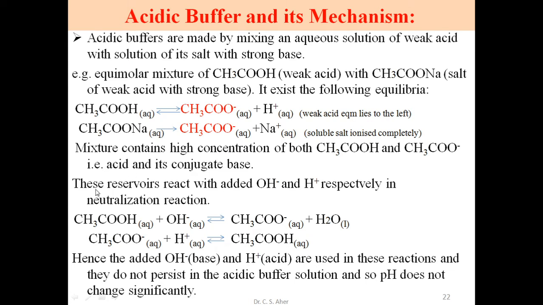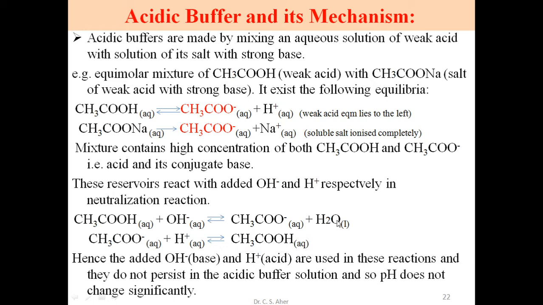See the mechanism. This reservoir reacts with added OH minus, that is base, and H plus, that is acid, respectively, in neutralization reactions. How? When a small amount of base OH minus is added, it combines with the acid, acetic acid, in an equilibrium reaction to form acetate ion and a water molecule.